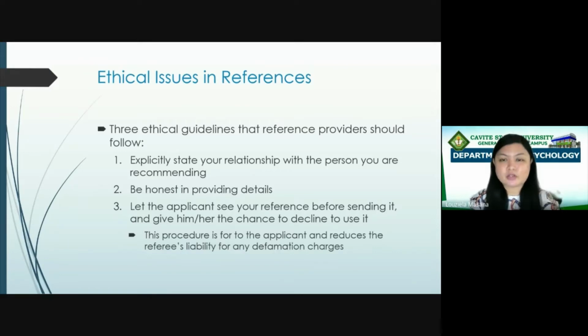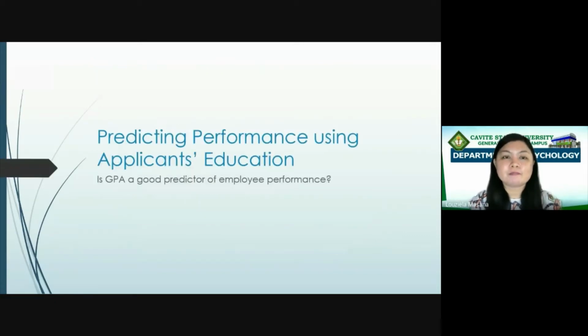Reference providers pala ito. So yung nagbibigay ng reference or nagbibigay ng recommendation, nagre-refer or nagre-recommend doon sa applicant. So, dapat ay sabihin kung anong relationship mo dun sa tao, be honest, and before sending the reference and the recommendation, inform the applicant of the content.